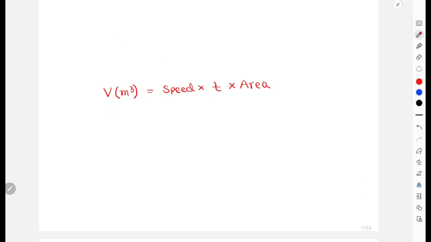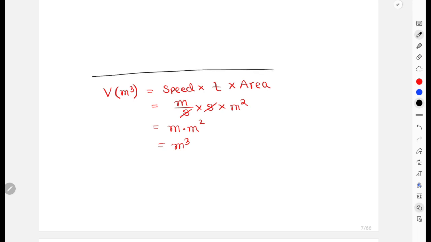You have to make them equal unit-wise. So speed has the unit meters per second, time has second, and area has meter square, which means second and second get cancelled out and you're left with meter multiplied with meter square, which will eventually be meter cube. So this is a very important formula, that speed multiplied with time and area always gives you the volume of that particular liquid.